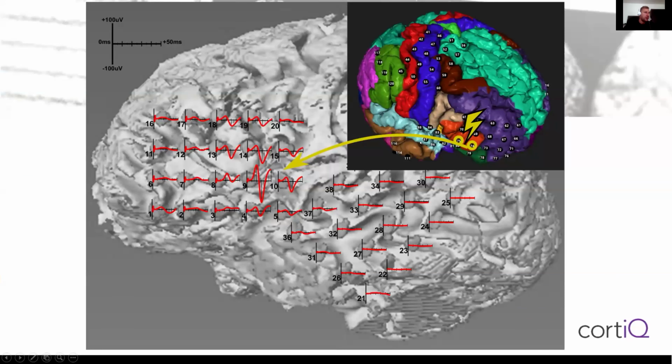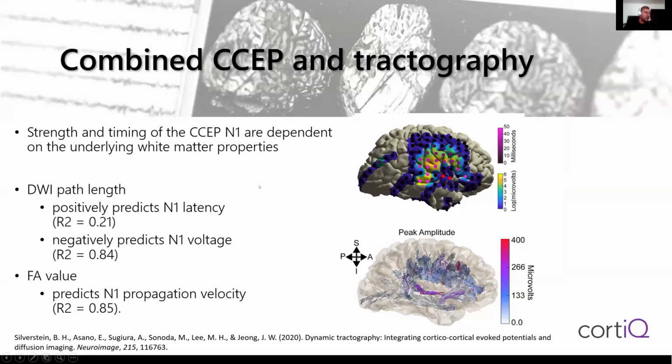So for this case, the idea was then to cut this connection by corpus callosotomy. And for this, we wanted to understand how these two hemispheres are connected.